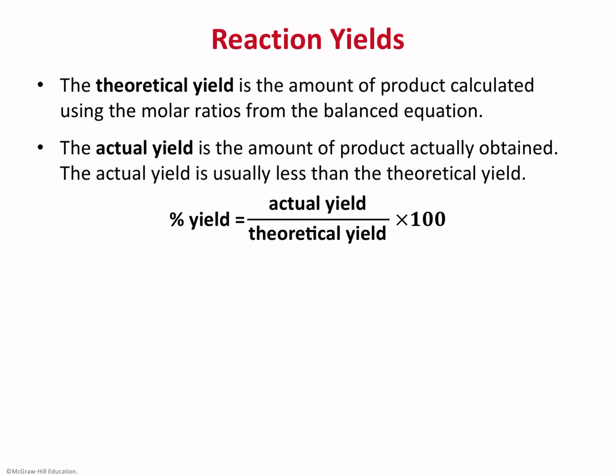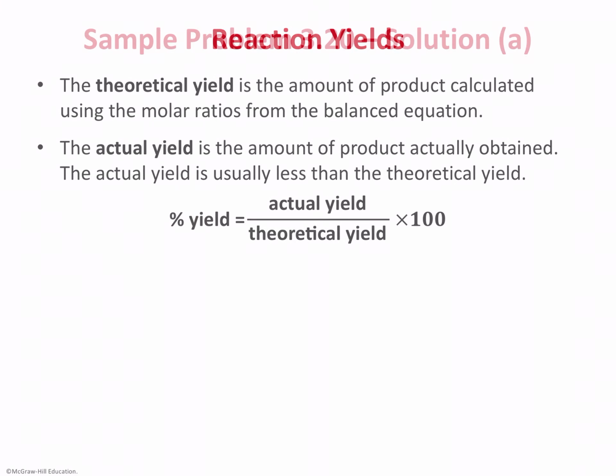Now, if you do a reaction in an experiment in the lab, you always want to make sure that you calculate the percent yield. Meaning, what is the percentage that you make? Is it 90%? Is it 10%, 50%, 60%, like that? Okay. Actual yield over theoretical yield times 100 will give us the percent yield.